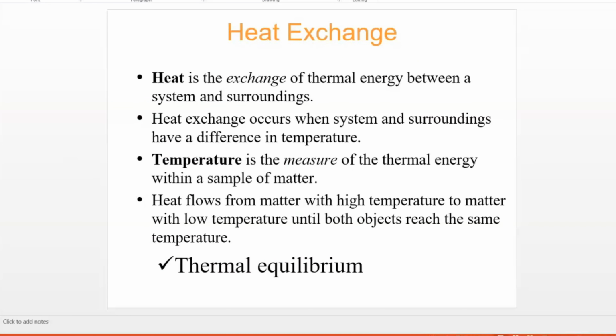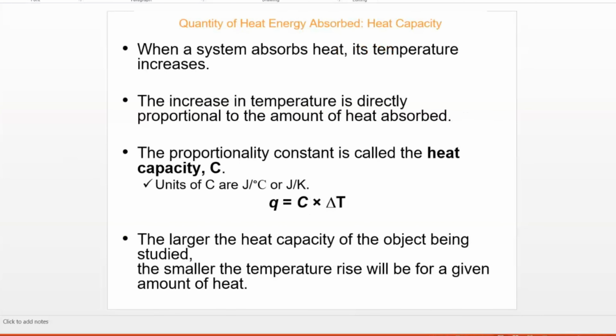So we have heat and temperature. Heat is the exchange of thermal energy between the system and the surroundings. That is this Q value. Temperature is the measure of that thermal energy. And we can relate the two based on the heat capacity of an object. Depending on the type of object, the rate at which that object changes temperature with given energy differs.